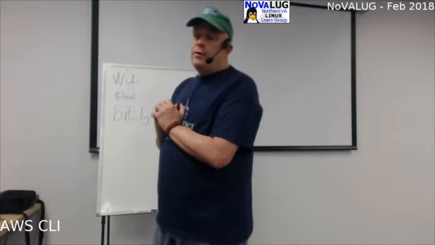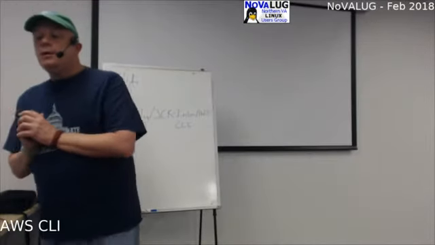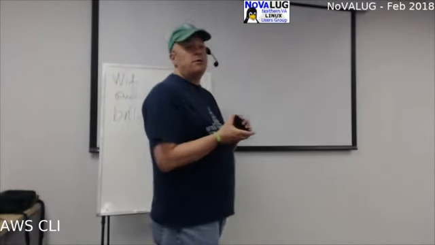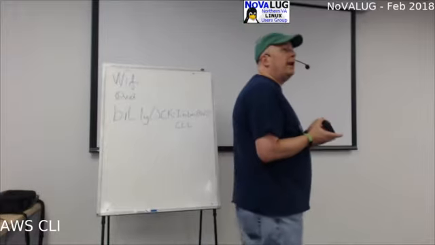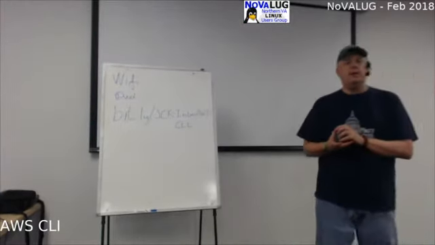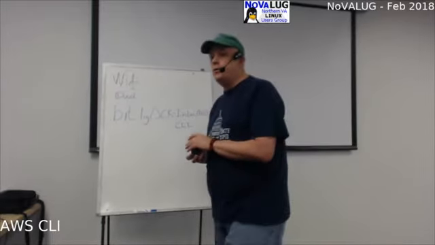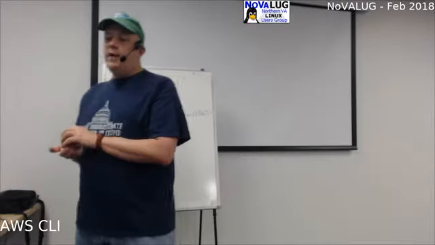Route 53. The only thing I'm going to show you is listing hosted zones. The reason being, anything else requires dealing with JSON files and is a little harder to go through and a little more advanced.